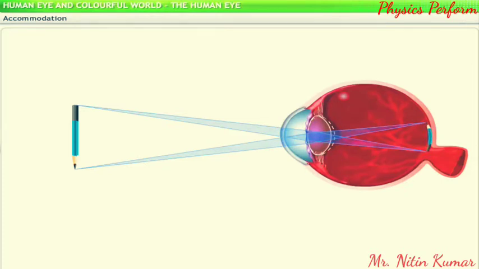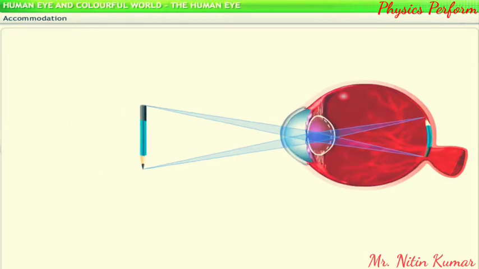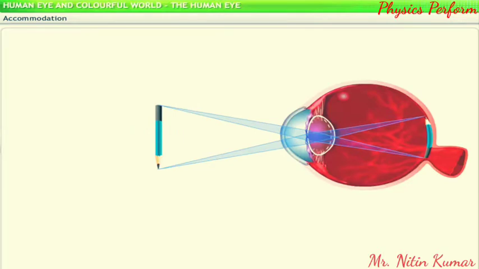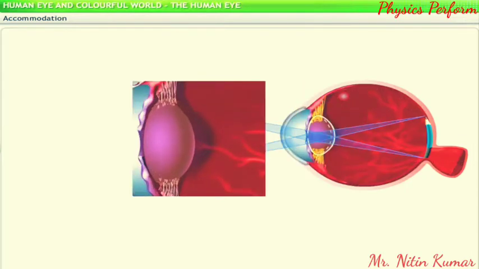Conversely, to decrease the focal length, the thickness of the eye lens should be increased. To accomplish this task, ciliary muscles are used. The contraction and relaxation of these muscles helps to alter the curvature of the lens.